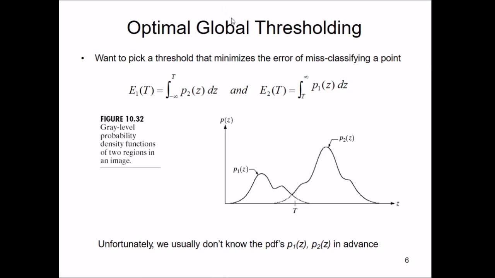Now we have optimal global thresholding also, because as we have seen, that threshold was taken in between when the peaks were quite far away.